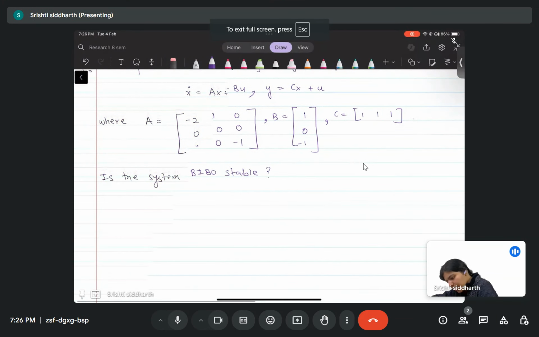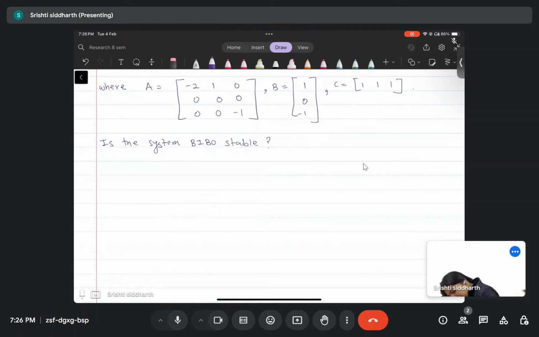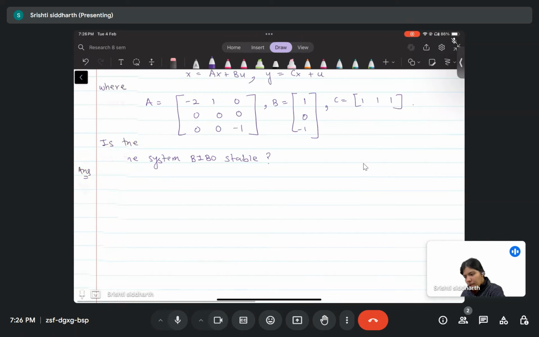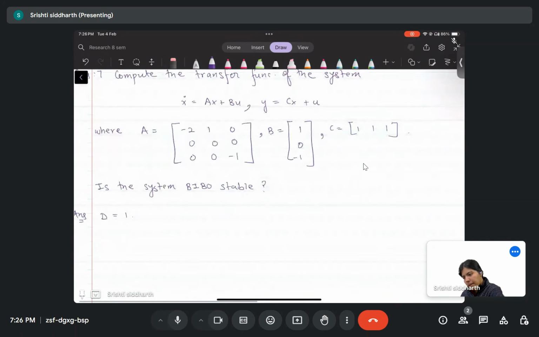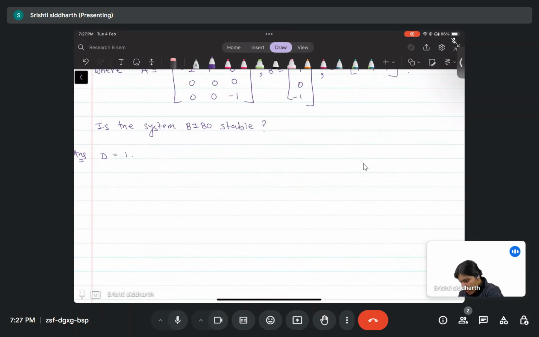So we just have to compute the transfer function and comment on the stability. So B is 1 here. The transfer function is G hat of s equals C (sI minus A) inverse B plus D.